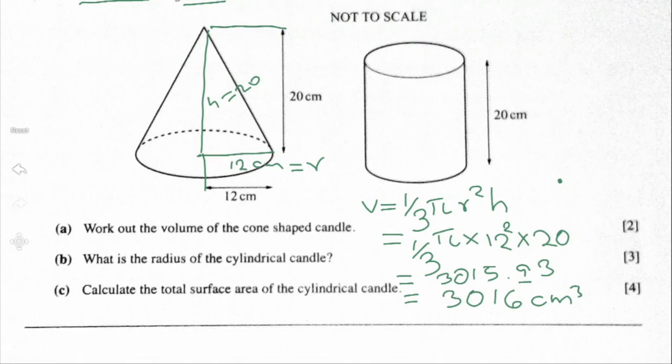Right. Then what is the radius of the cylindrical cangle? So now we want to determine r there. So we have to note that V here is 3016.